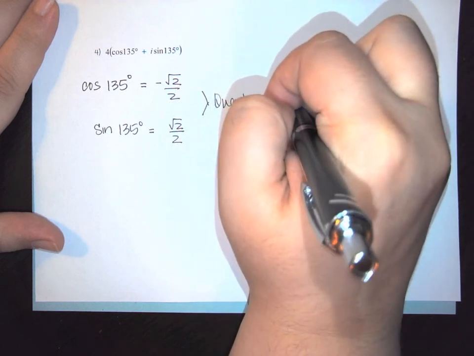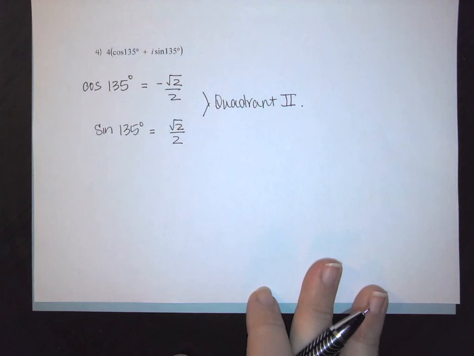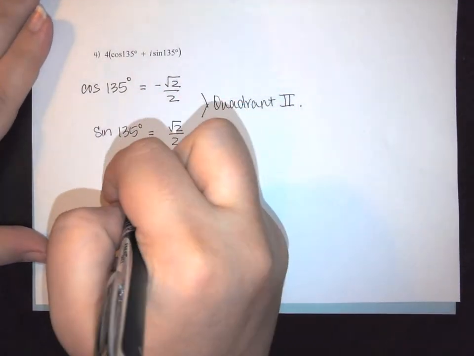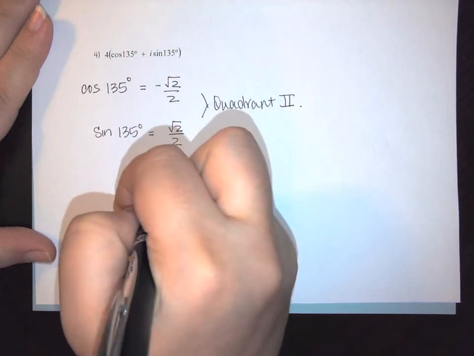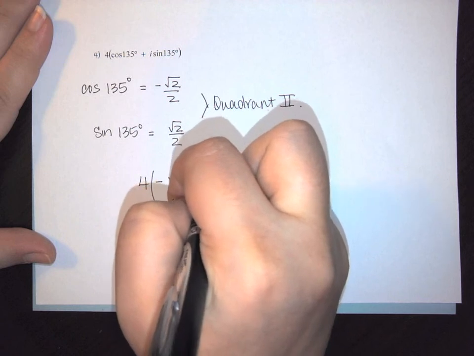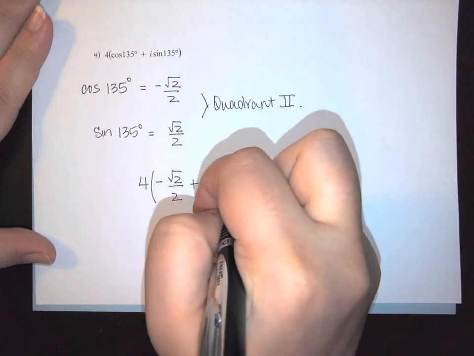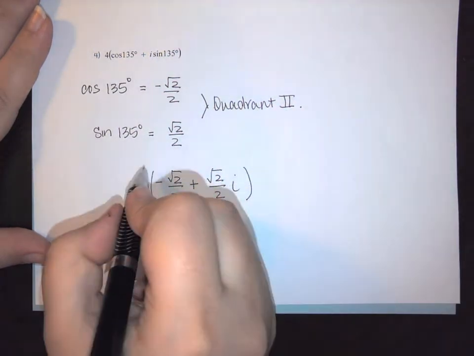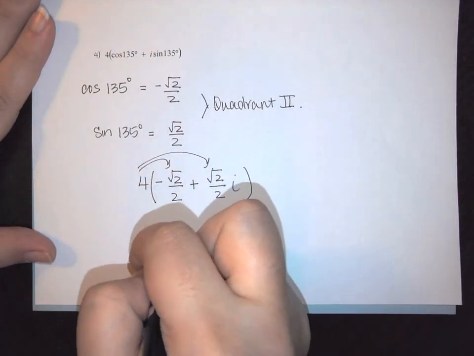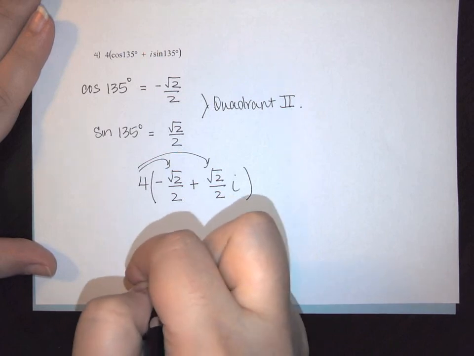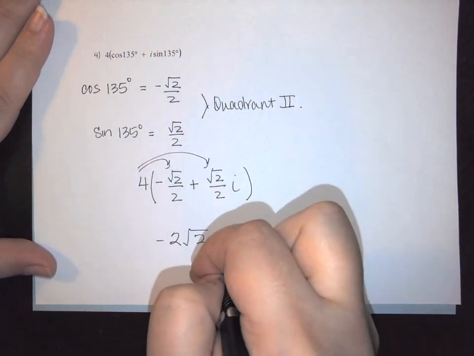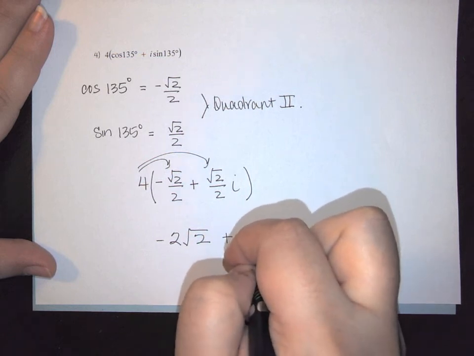So it's always a good idea to know what quadrant you are working in, so we can plug our information in. So this is going to be 4 times negative square root of 2 over 2 plus square root of 2 over 2 i. Multiply the 4 into both sides, and we end up with negative 2 square roots of 2 plus 2 square roots of 2 i.